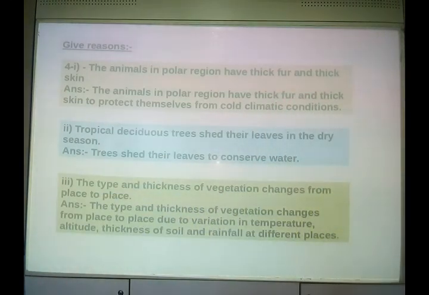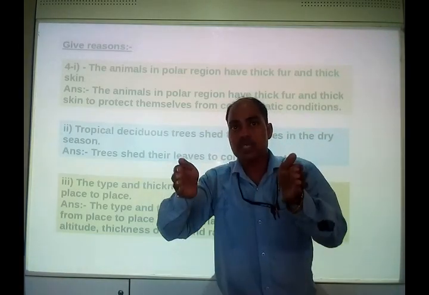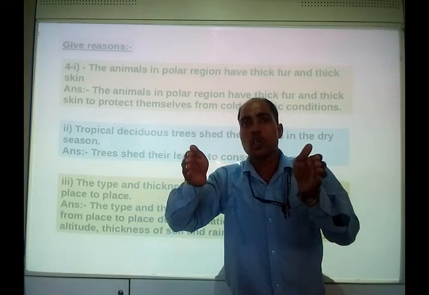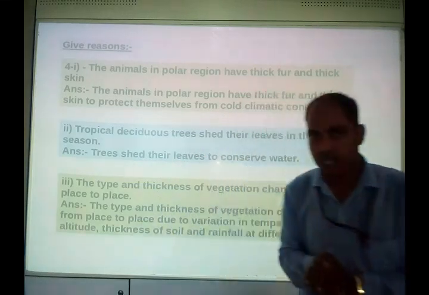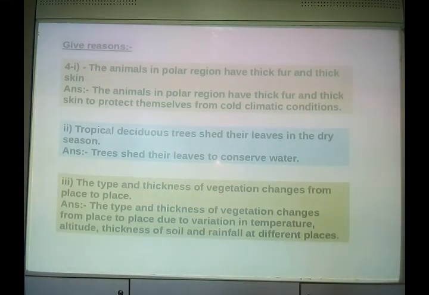In one place the thickness of the vegetation will be this much, but at another place the thickness of that same vegetation is this much. Type of vegetation means somewhere you find forest, somewhere grassland, somewhere thorny bushes. So why is there a difference in the thickness and the type of vegetation?